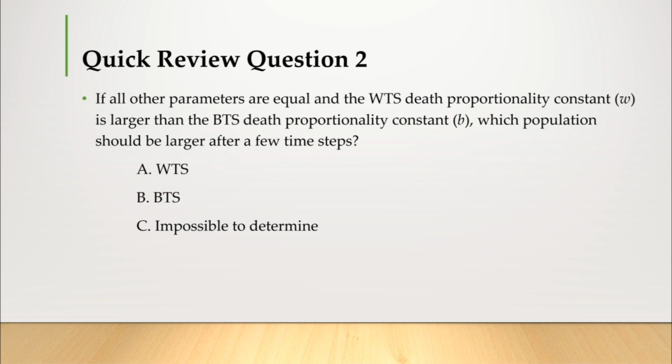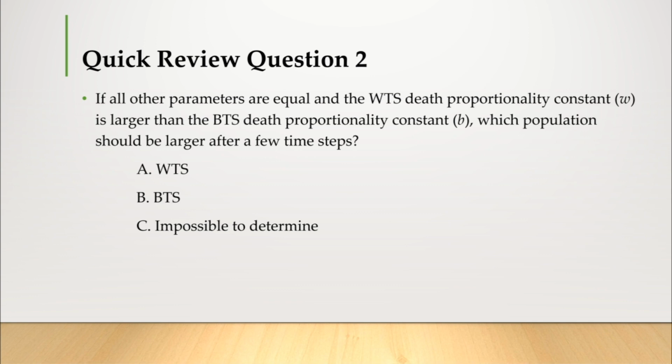Okay, so review question 2 is asking, if all other parameters are equal, the WTS death proportionality constant, which is W, is larger than the BTS proportionality constant, which is B. So which one is larger now here?